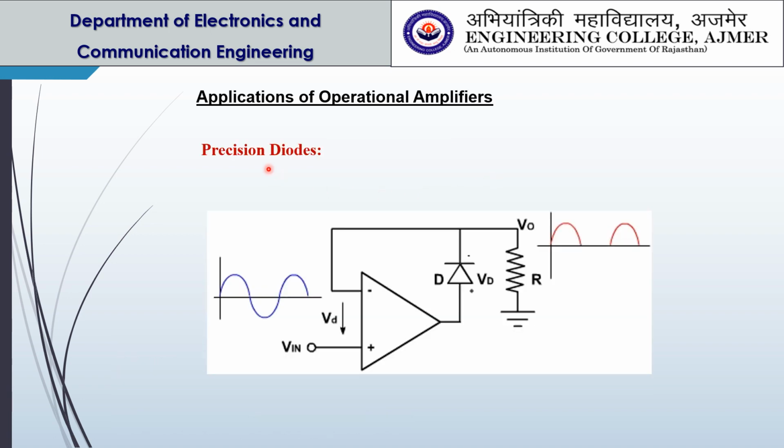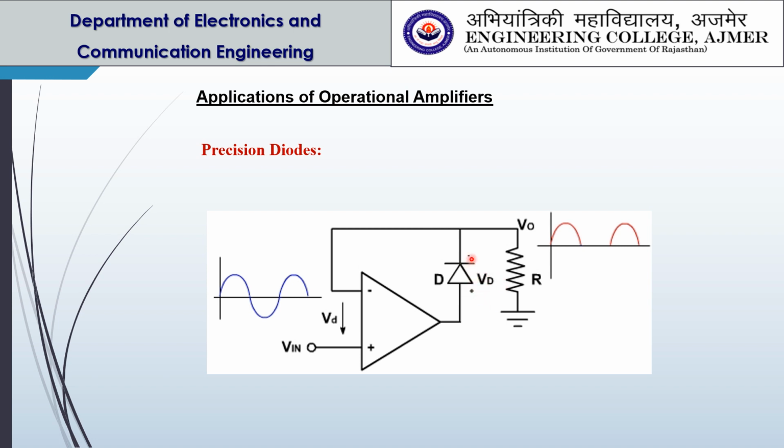So we will see what is the difference between a normal diode and a precision diode. As we know, a normal diode will work as an on switch only when the input voltage or the biasing voltage is greater than the cut-in voltage Vd of the diode.